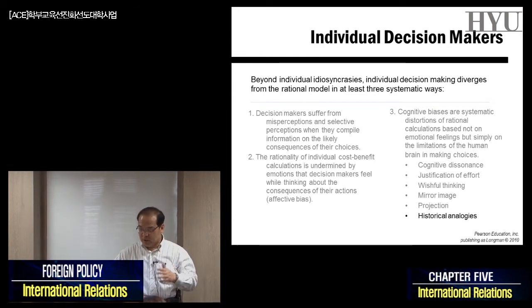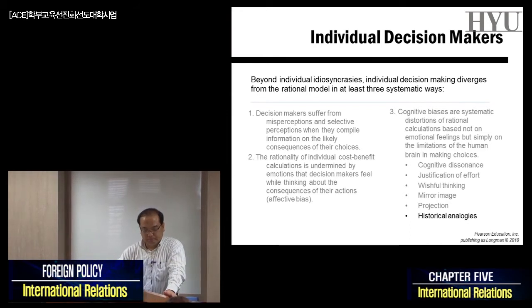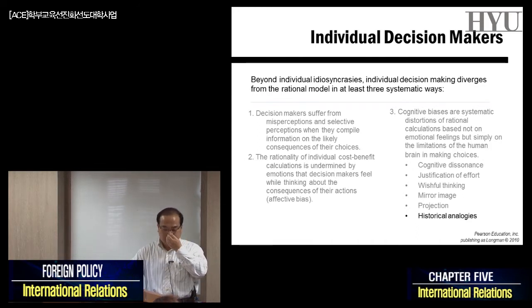That leads people to make irrational decisions. This is called groupthink. So groupthink refers to a tendency for groups to reach decisions without accurately assessing their consequences.